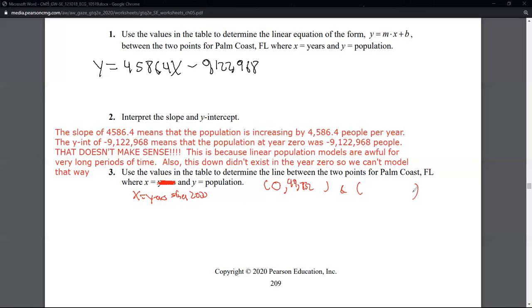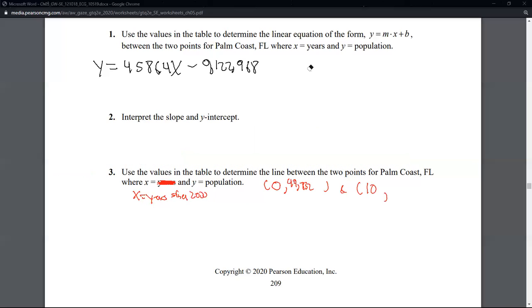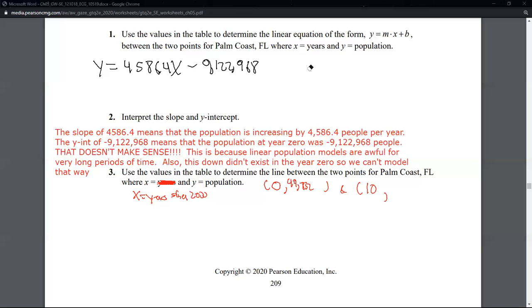And then the other point was the year 2010, which would be 10 years since 2000. Oh boy, that was not what I meant to do. Okay, that worked somehow. And then this population was the 90,000 something, 95696.